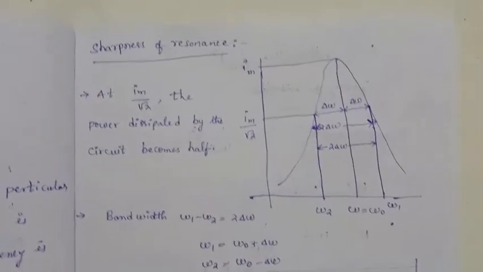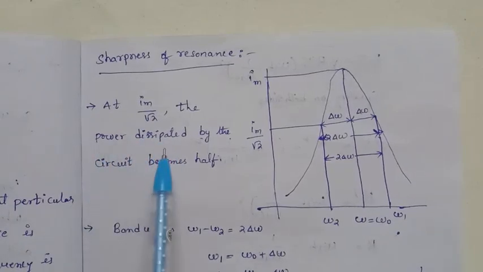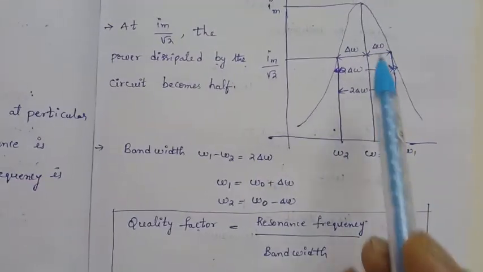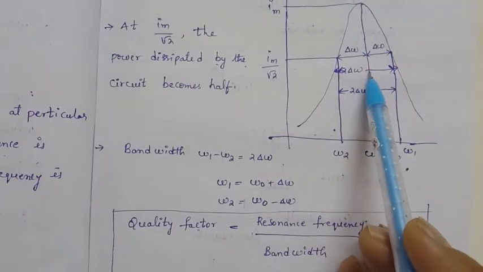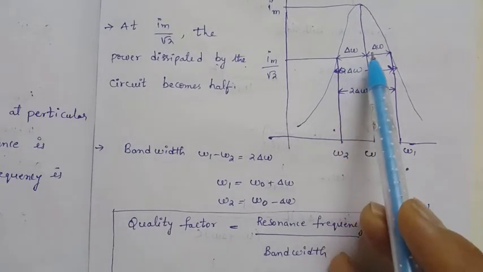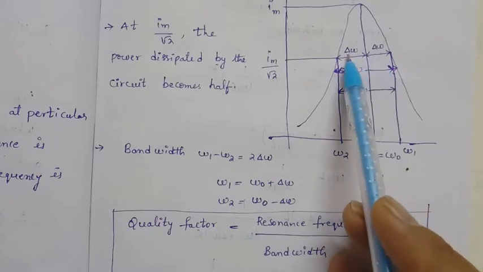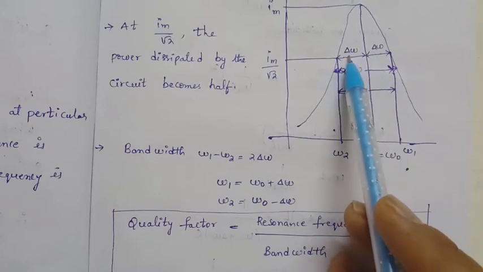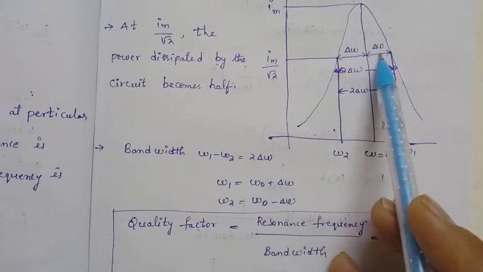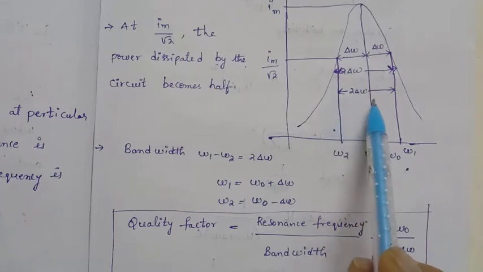And sharpness. At Im by root 2, the power dissipated by the circuit becomes half. At Im by root 2, the bandwidth from the resonance line is cut with respect to frequency. The same variation of frequency is observed on both sides, so the total bandwidth is 2 delta omega.